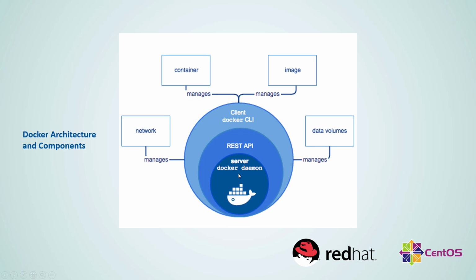In this figure you're seeing the Docker architecture and its components. In the middle here you see the server, the Docker daemon, which interfaces with the REST API, and then it interacts with the Docker client, which manages the containers and images, and also manages the network and data volumes as storage.